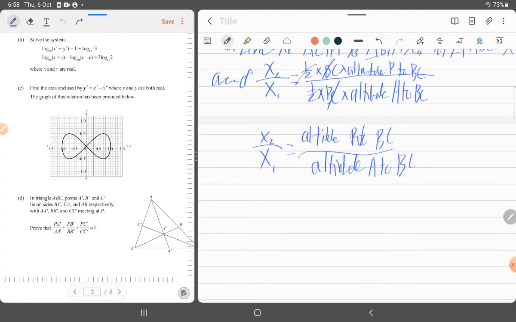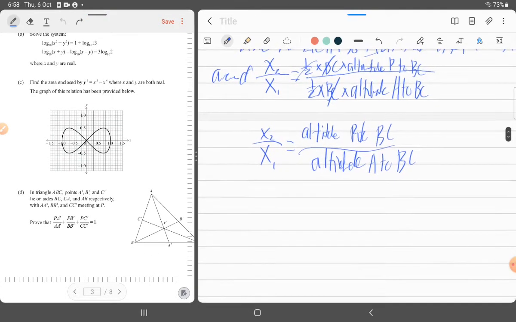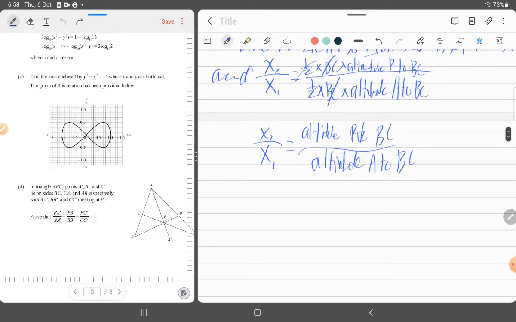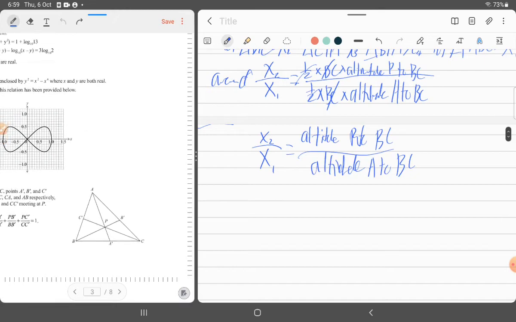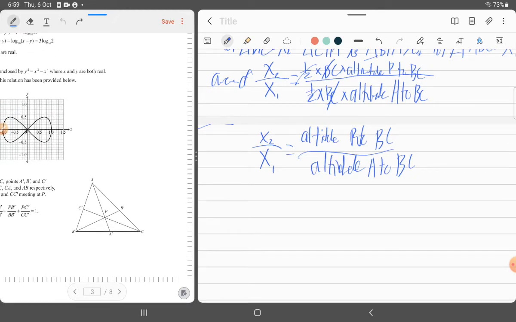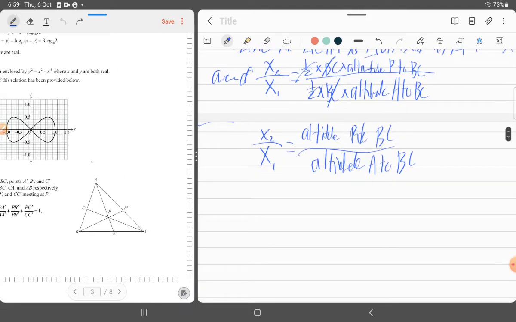Actually, let me just use this diagram. Can I not zoom in? So this here and this here.